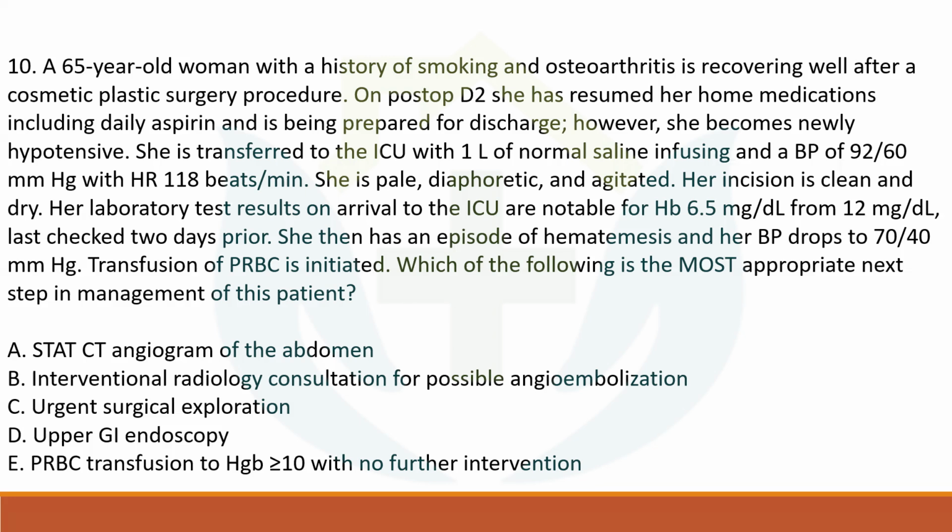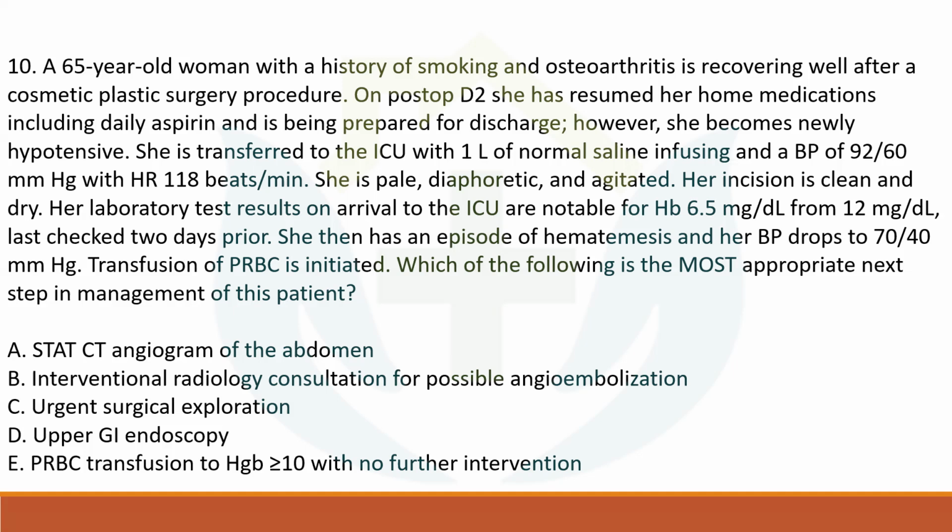Transferred to the ICU, 1 liter of normal saline, BP 90/60, heart rate 118, pale, diaphoretic, agitated. Incision is clean and dry. Lab results: Hb 6.5 from 12, last checked 2 days prior. She has had an episode of hematemesis and BP drops to 70/40. Transfusion of PRBC is initiated.